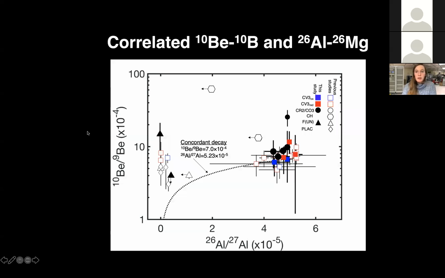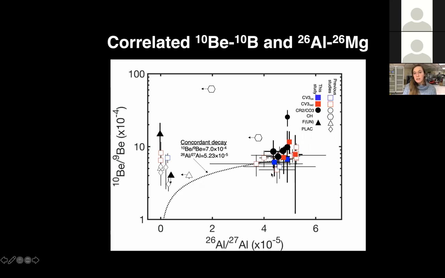Another way to look at the data is to correlate beryllium-10 to aluminum-26. This data isn't really conclusive yet, but if beryllium-10 and aluminum-26 formed or were in a CAI together at the same time and decayed together, all of the data should lie along this concordant decay line.